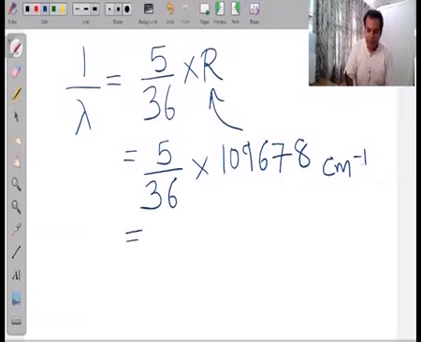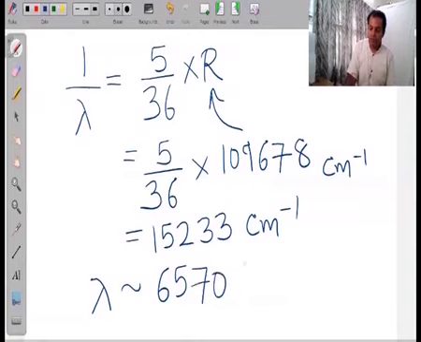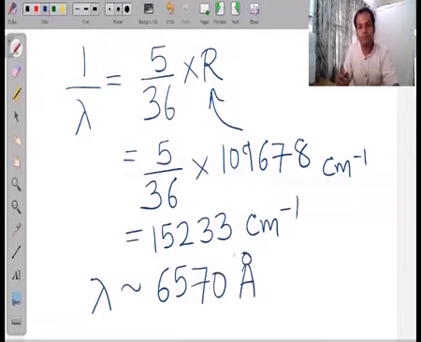And what we get is 15233 centimeter inverse, or the wavelength is approximately 6570 angstroms. Let's go to the next slide.